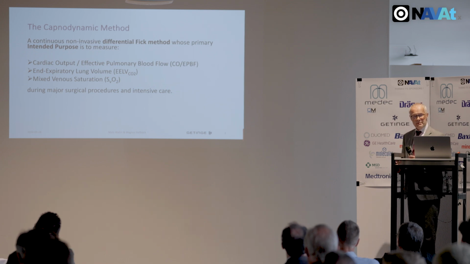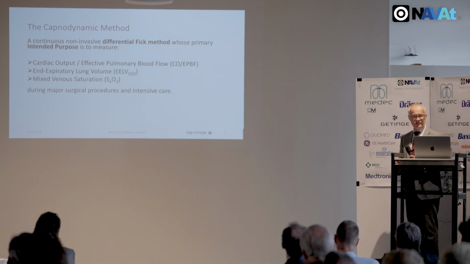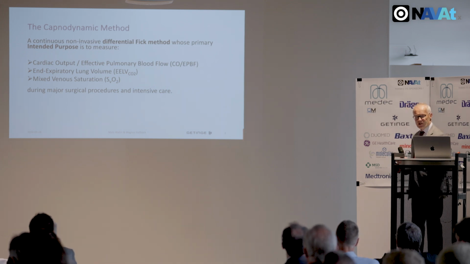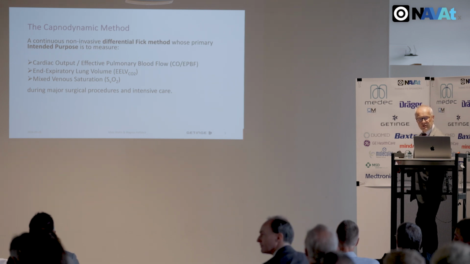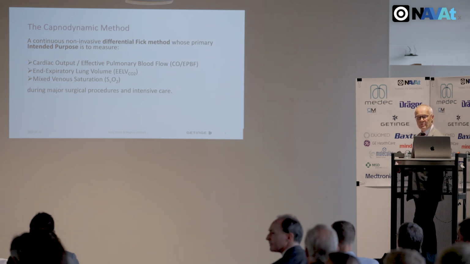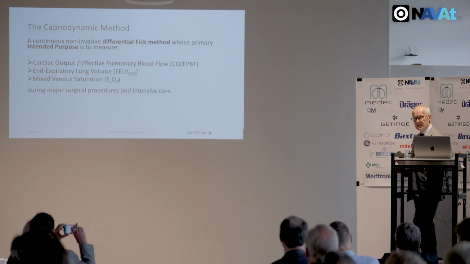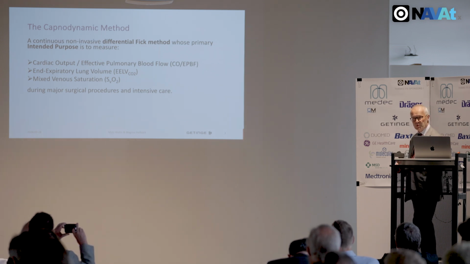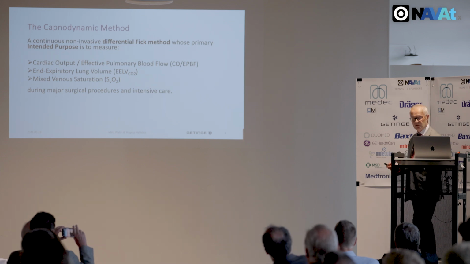The capnodynamic method is a continuous, non-invasive, differential Fick method whose primary intended purpose is to measure effective pulmonary blood flow, which equals cardiac output when the shunt is eliminated by, for instance, a recruitment maneuver.